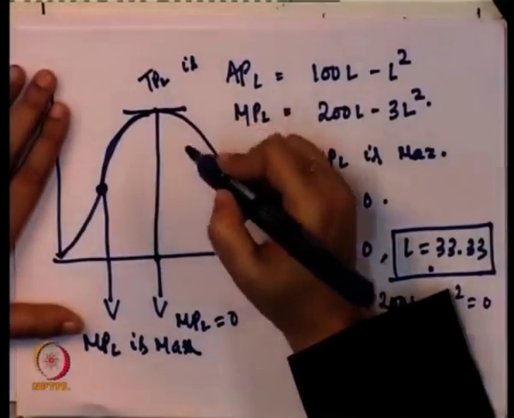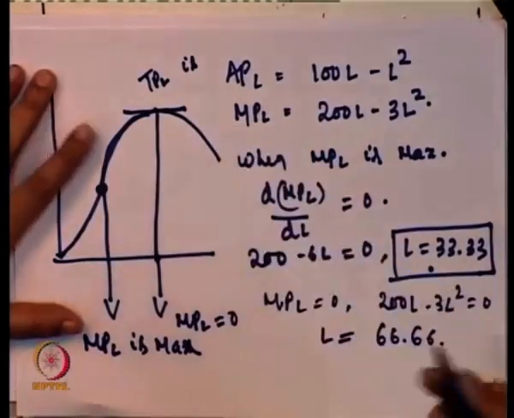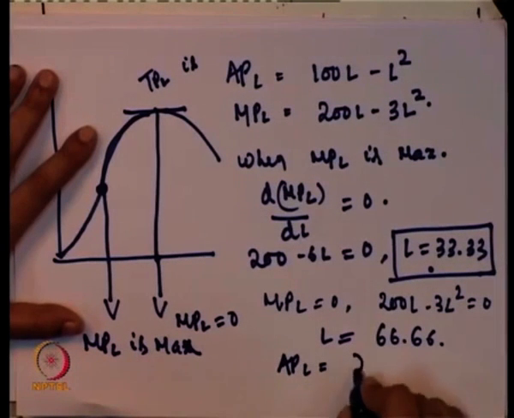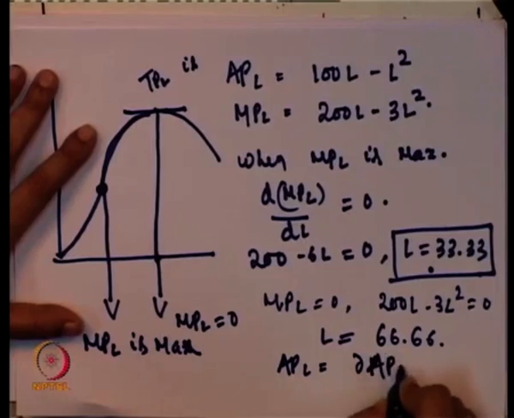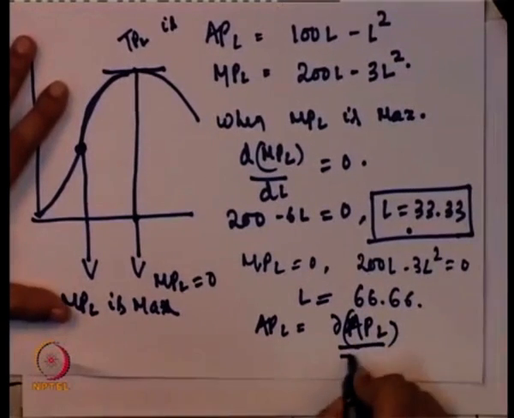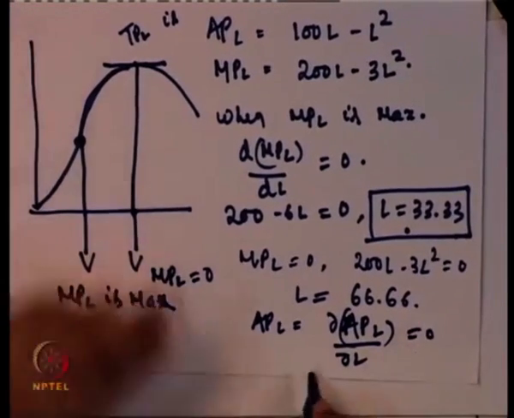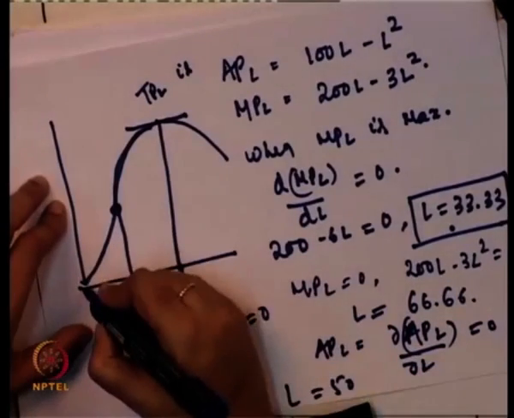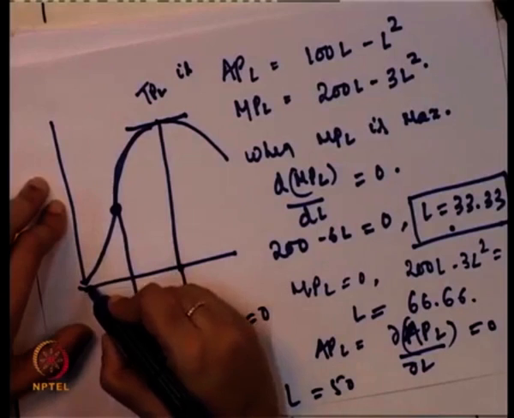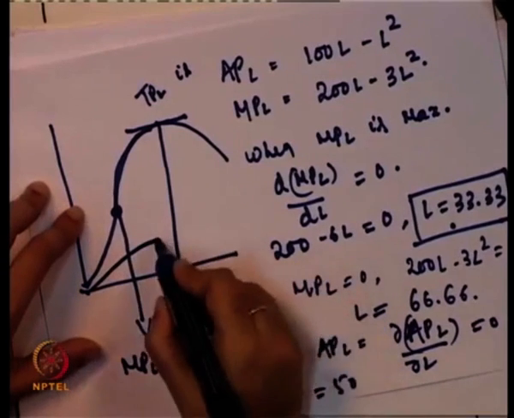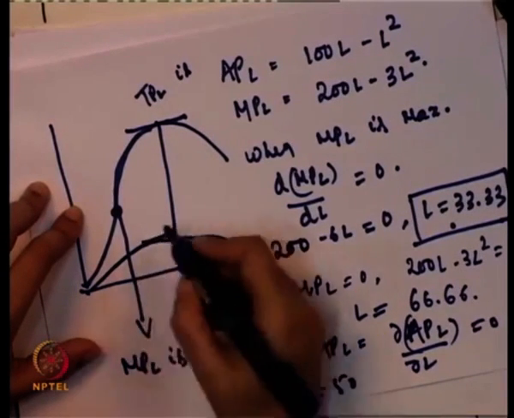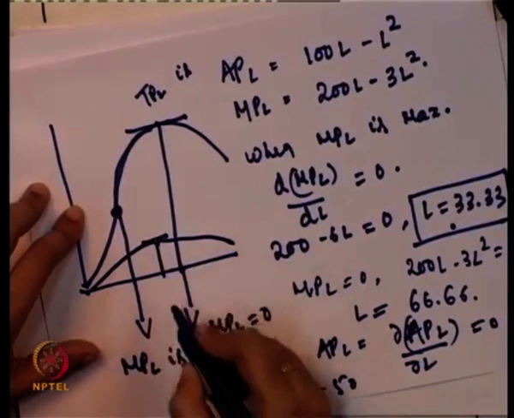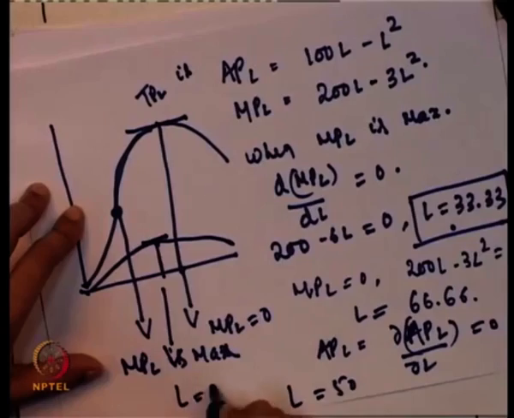Then when average product of labor is highest: average product of labor is highest when dAPL with respect to dL is 0, that comes to L is equal to 50. So, this comes somewhere here, the average product of labor is maximum when it is intersecting the marginal product of labor. So, corresponding to this L is equal to 50.